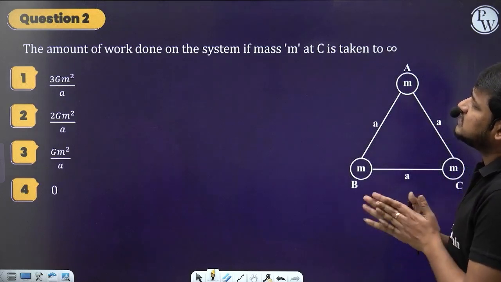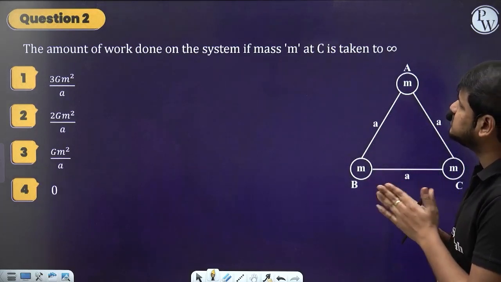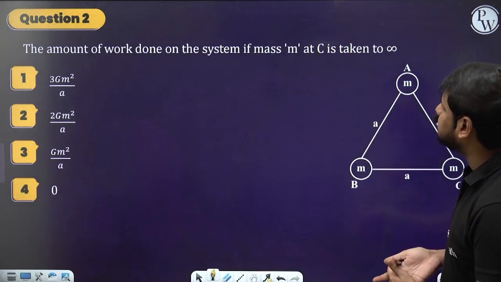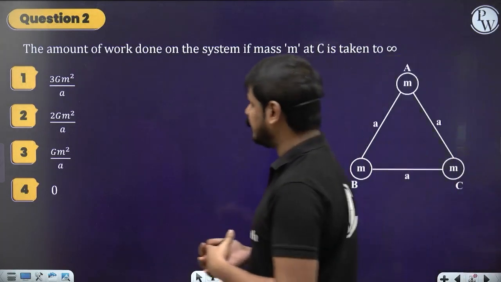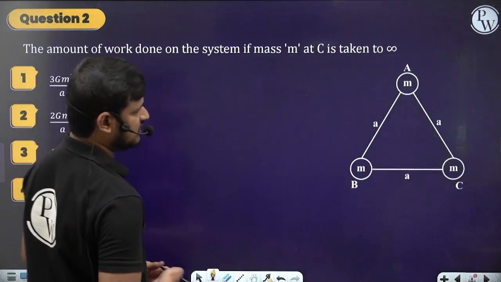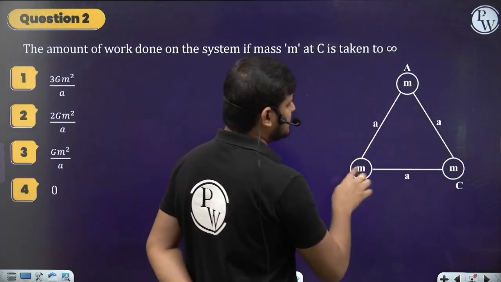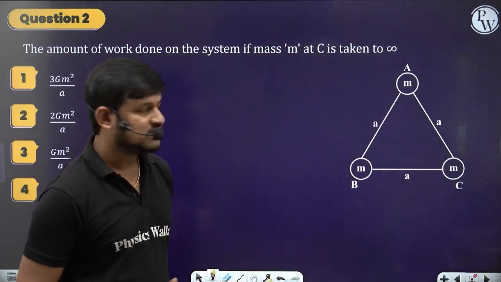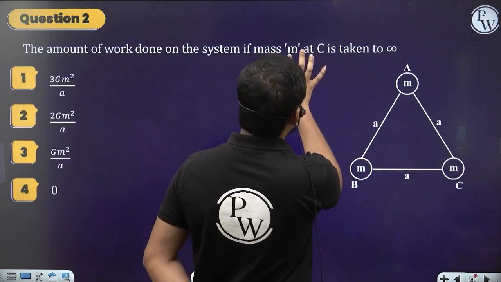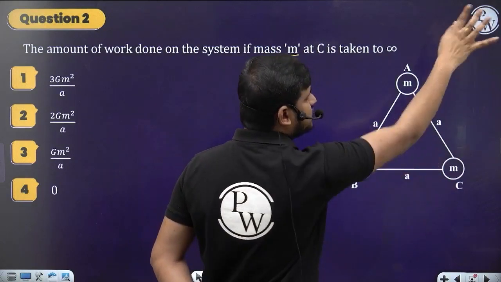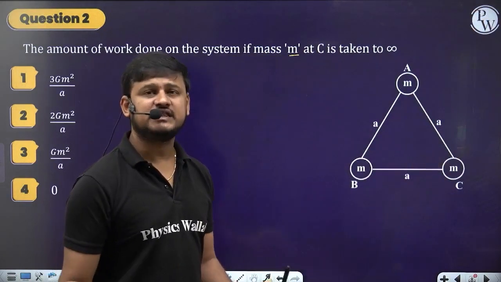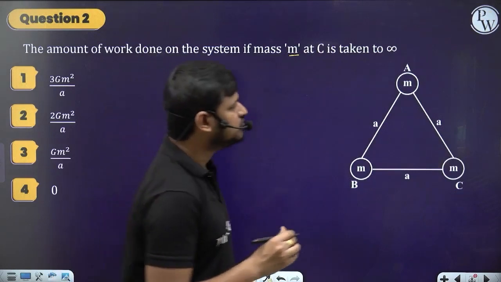What's the amount of work done on the system if the mass m at C is taken to infinity? See here, initially there are 3 masses like this. Then mass m at C is taken to infinity. At infinity the potential energy is considered to be 0, guys.